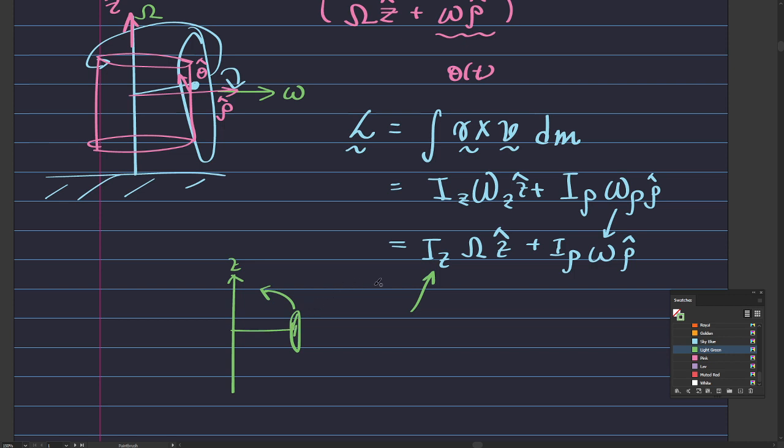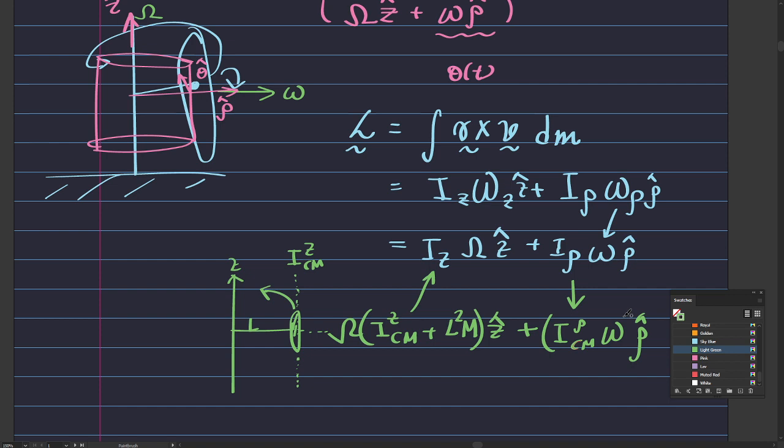So we have to apply the parallel axis theorem of ICM, and this length is L. So Iz should be ICM in the z direction plus ML square, omega z cap, plus I rho is just omega ICM in the rho direction, omega rho cap.